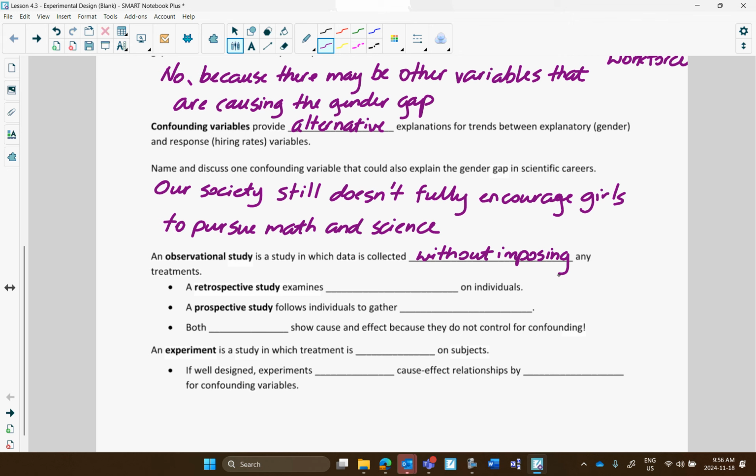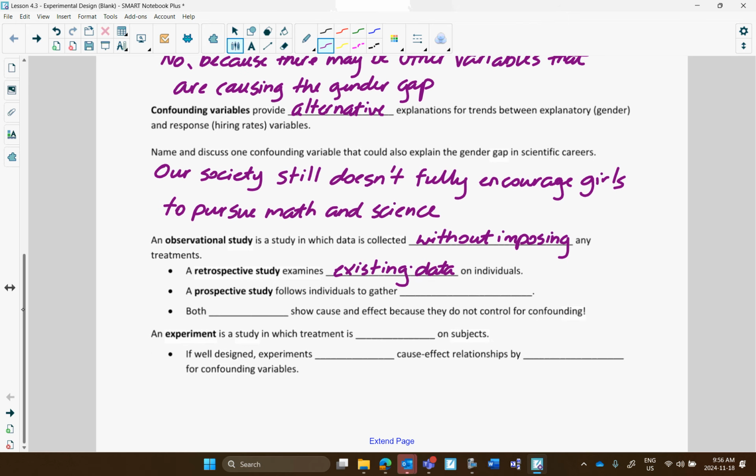A retrospective study examines existing data. So maybe you want to answer some question and you go find out existing data. A prospective study follows individuals to gather future data.